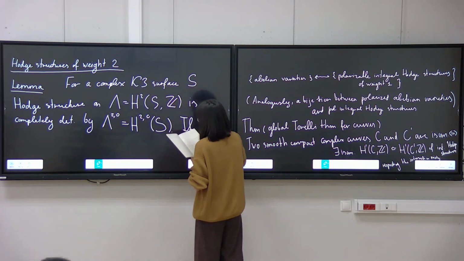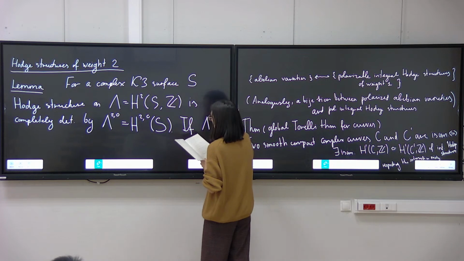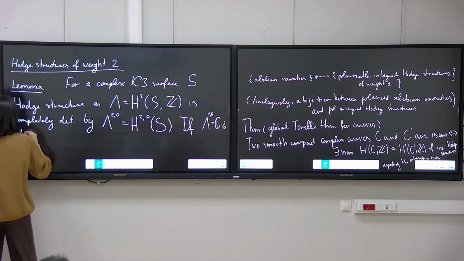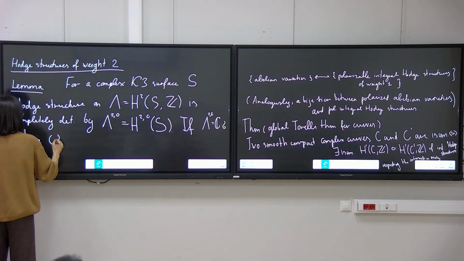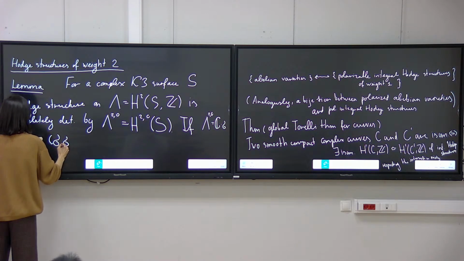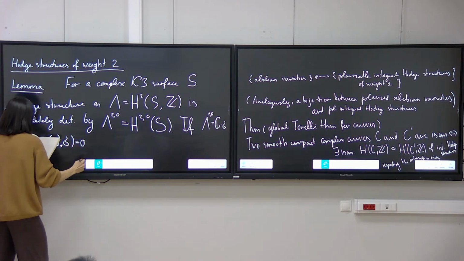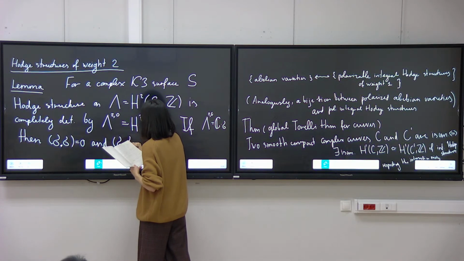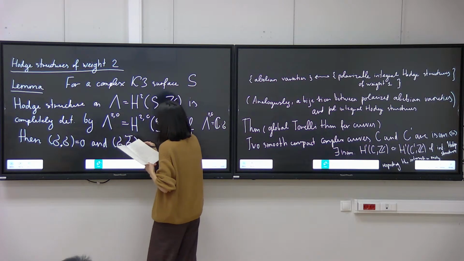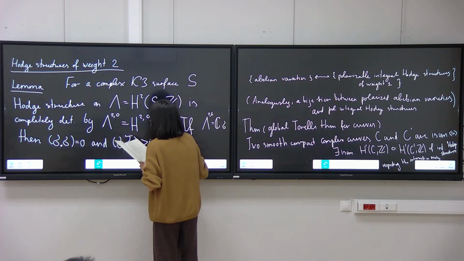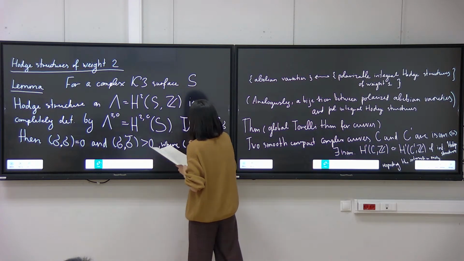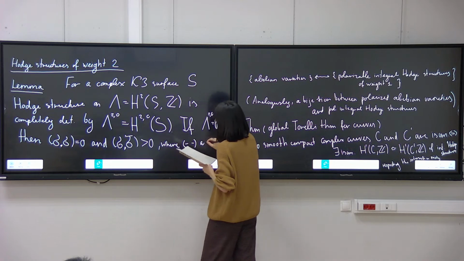If it is generated by an element sigma, then the self-intersection of sigma is 0, and the intersection with its conjugate is greater than 0, where this is the intersection form.